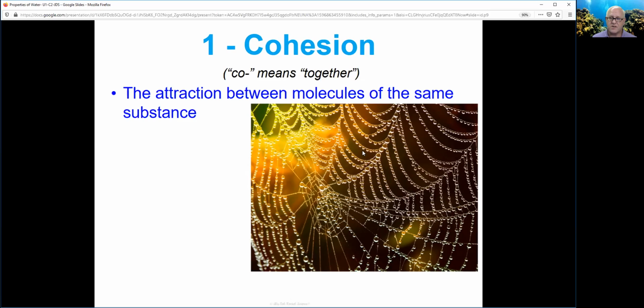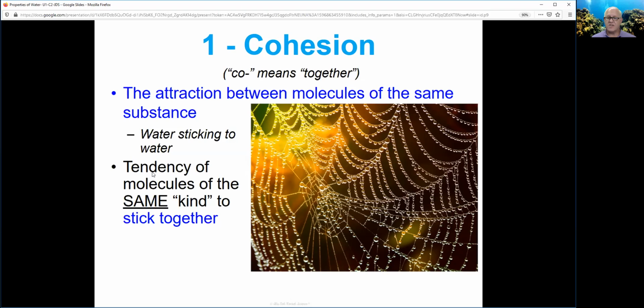Co means together. And so this is the attraction of the water molecules of the same substance. So these little water molecules are hanging on to a thread, but they're still attracted to each other with that hydrogen bond. This is essentially water sticking to water.